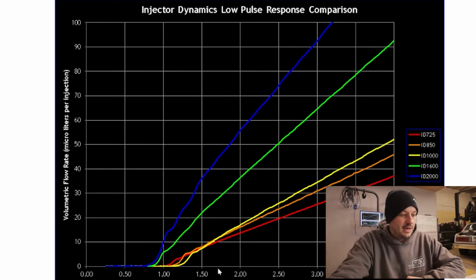So let me explain. This is a graph from Injector Dynamics, and the big thing to pay attention to here is the pulse width in milliseconds. You can see on some of these injectors we get down to probably 1.3 milliseconds, and the injector becomes very non-linear. Then if we come here to maybe 0.8 or so, the injector doesn't even work.